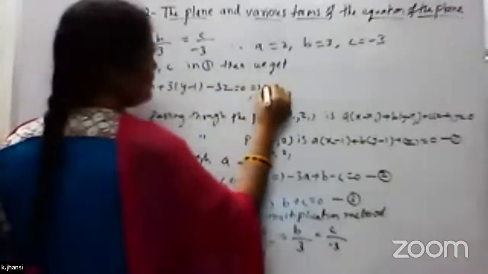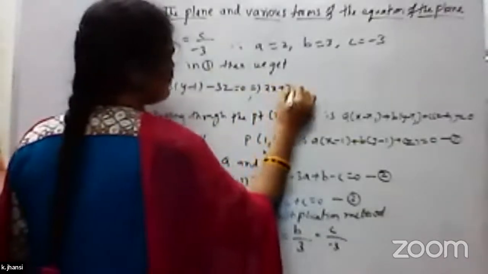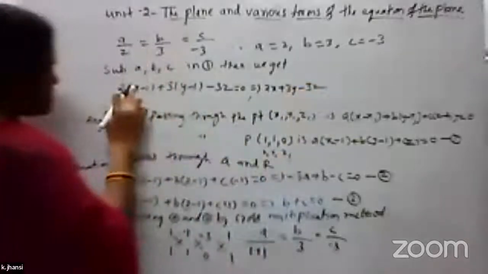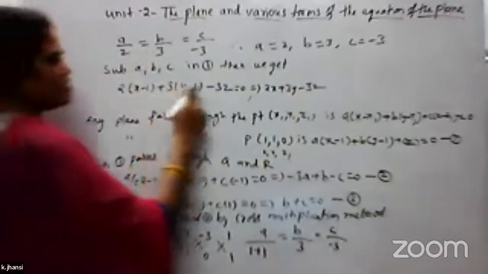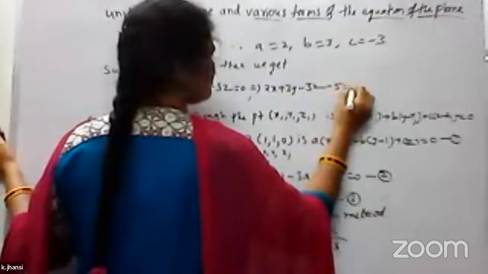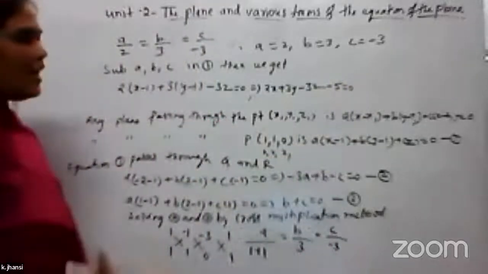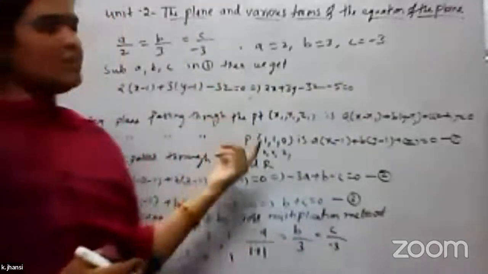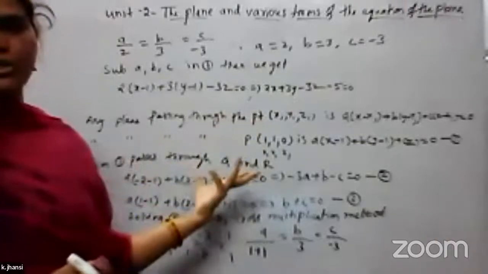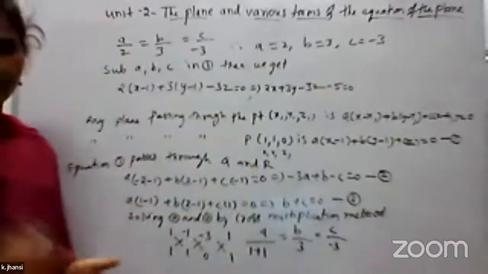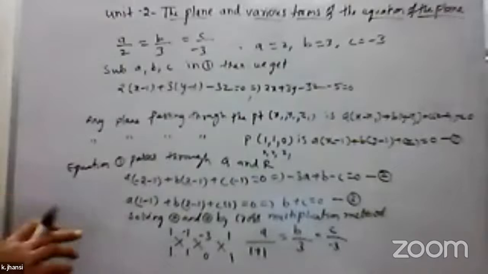If you simplify this, 2x plus 3y minus 3z, and the constant is -2 - 3, so we get -5 equals 0. This is the required equation of the plane passing through the 3 points.